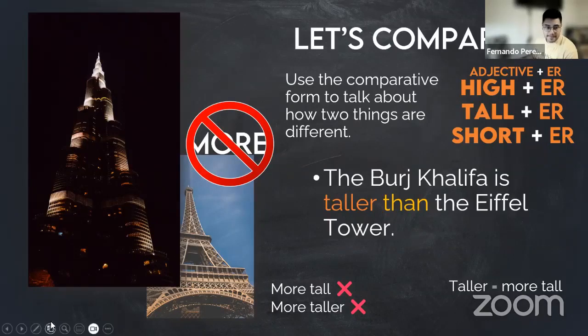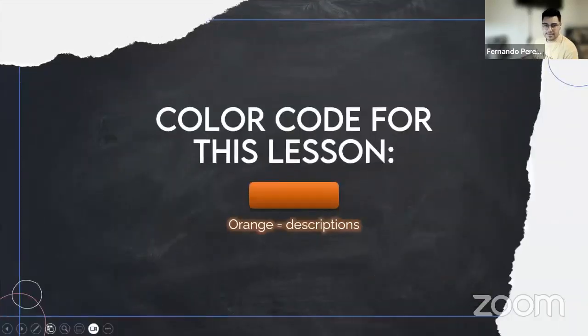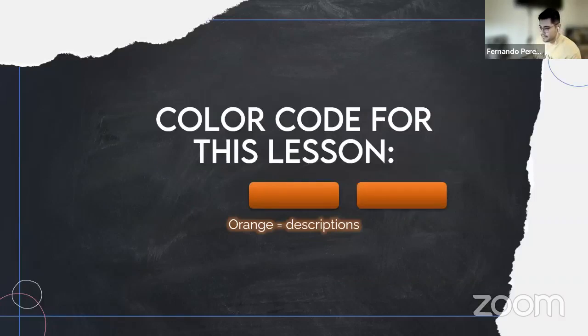Oh, yes, let's include this into the colors. It's orange for descriptions, but we are going to also practice with yellow. Yellow for connector. This is going to be super important.